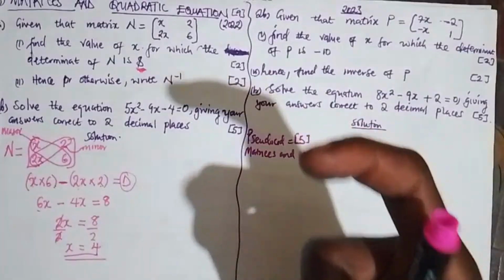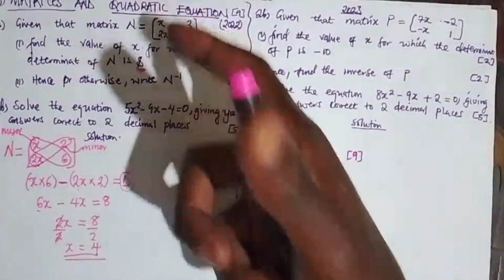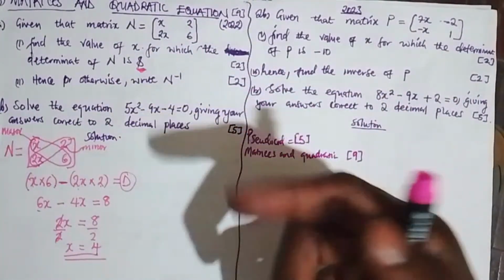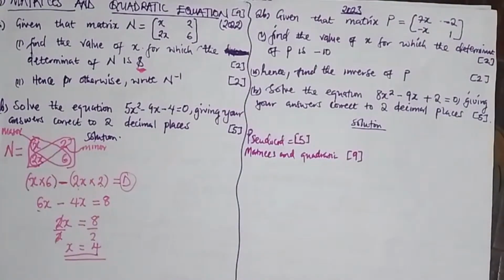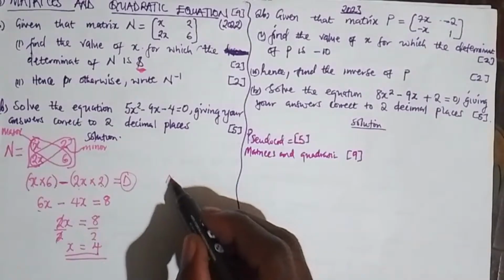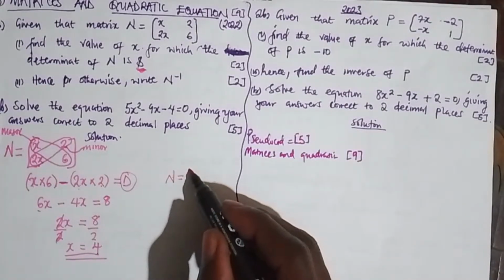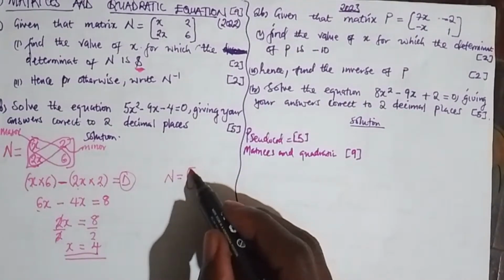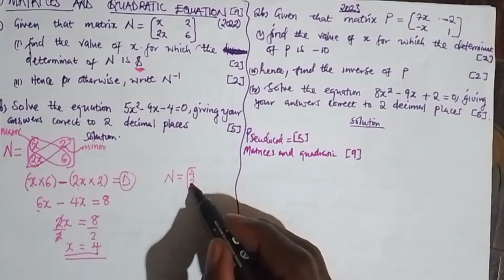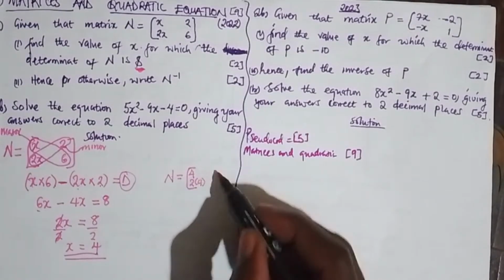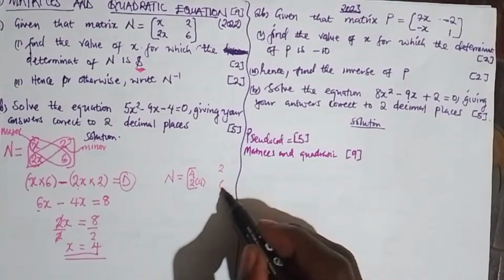We are supposed to know the value of x and 2x in the set. So since x is 4, we are going to replace now. So set N is equal to 4, 2 multiplied by 4, we have 2, we have 6.